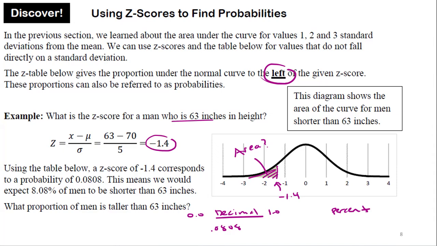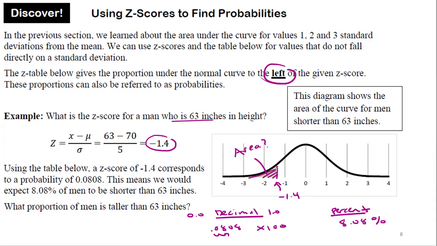Now, if you convert it to percent, okay, then you just need to multiply this by 100 or move this decimal 2 places to the right, and that will give us 8.08%. But make sure you put a percent sign there to indicate that you're talking about a percent, not just the decimal form. Okay. So that's what I mean about being consistent.